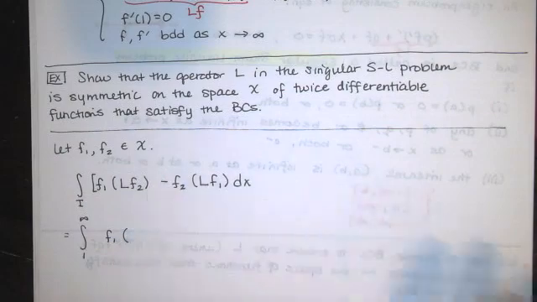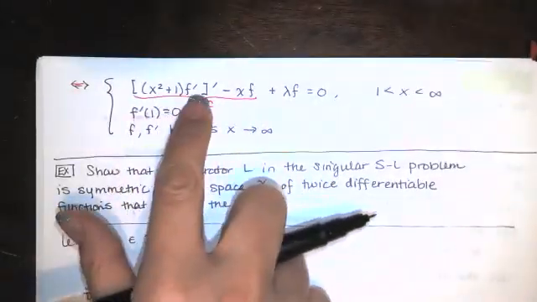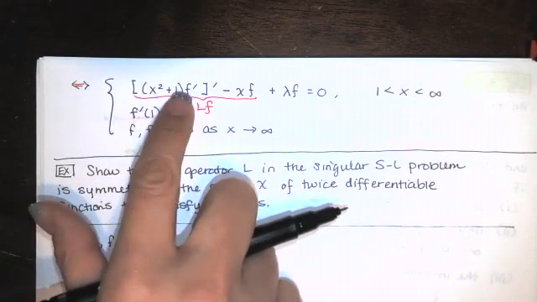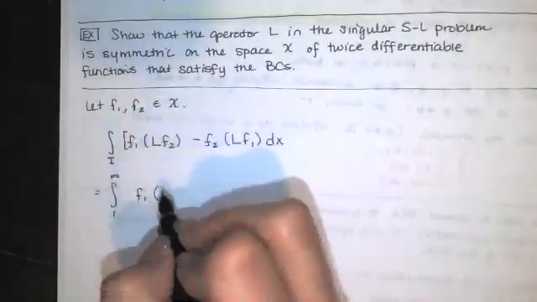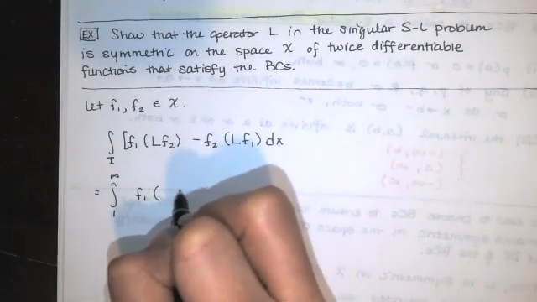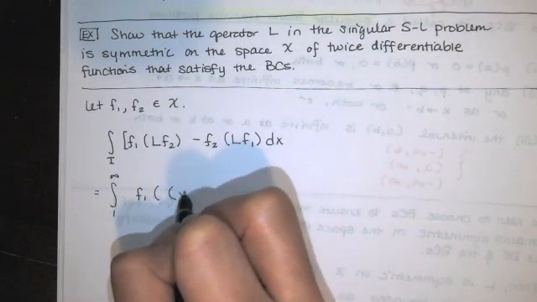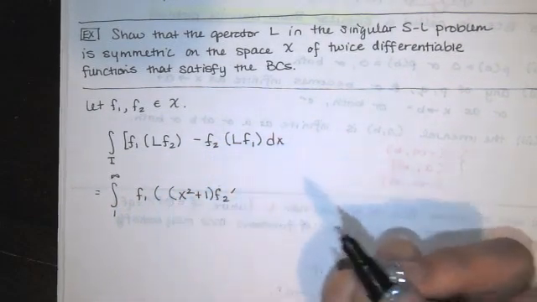And our linear operator is this. We take the function, we take its derivative, and then we multiply it by x squared plus 1, and then we take the derivative of that and we subtract x times the function. I want that operator applied to f2. So we're going to have x squared plus 1 times f sub 2 prime.